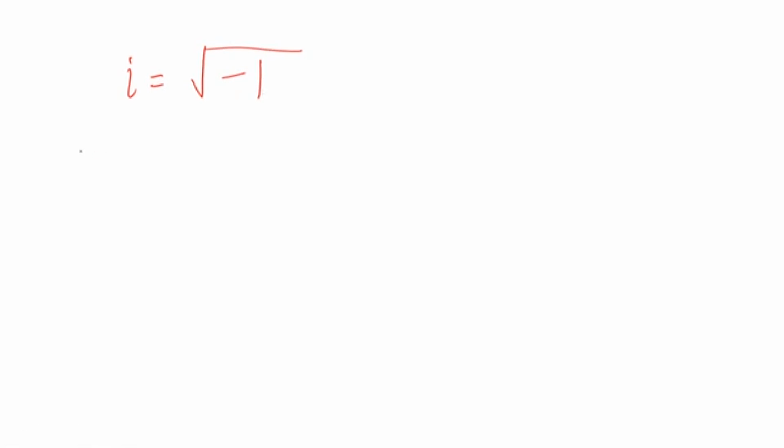So, any complex number, call it z, is a superposition of two numbers. Both x and y are real, but this i is the purely imaginary number.